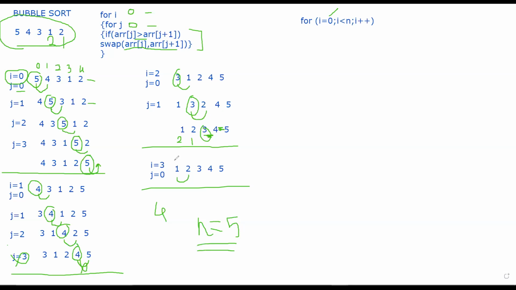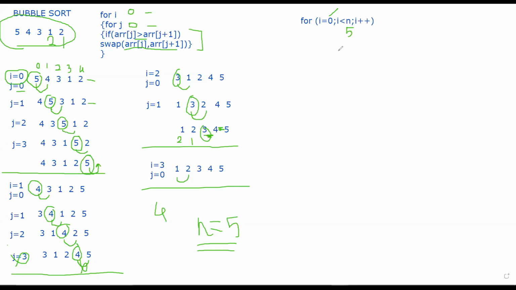Therefore, in terms of n, if I write n over here, i less than n, that is i less than 5, how many times will my loop execute? If I write n over here from 0 to n, how many times is my loop going to execute?